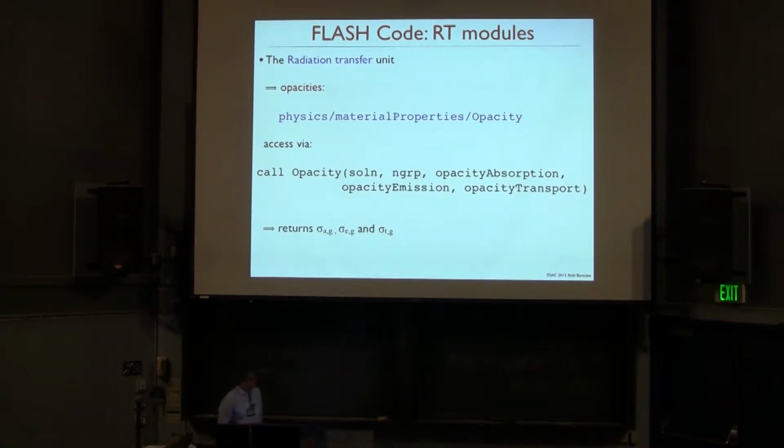What you provide is the density and the temperature, and you read off the opacities. From this call you get back the transport opacity, emission, and the absorption opacities, depending on your underlying table or scheme you use here.